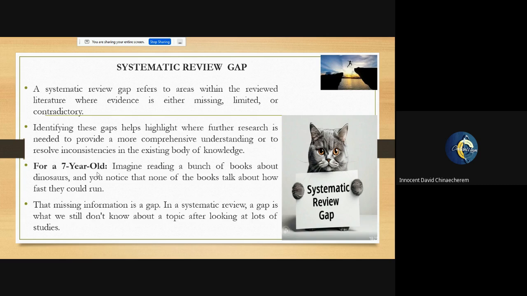So we have EBSCO, we have SCImago, we have Scopus, we have AJOL, African Journals Online, we have ScienceDirect, a lot of them. We have a lot of databases out there. And now, one thing you need to understand is that most times when you're writing about your gap, because we're talking about gap and rationale.